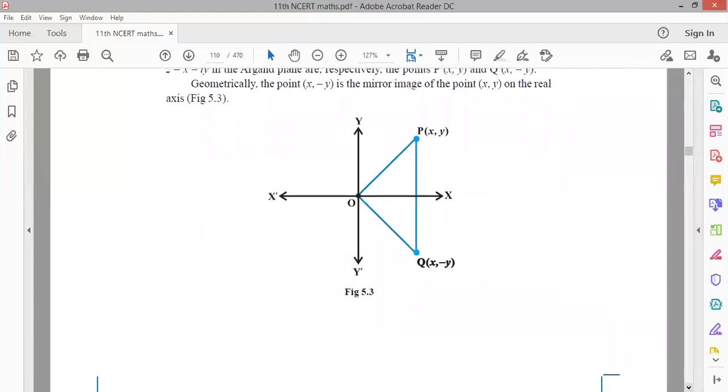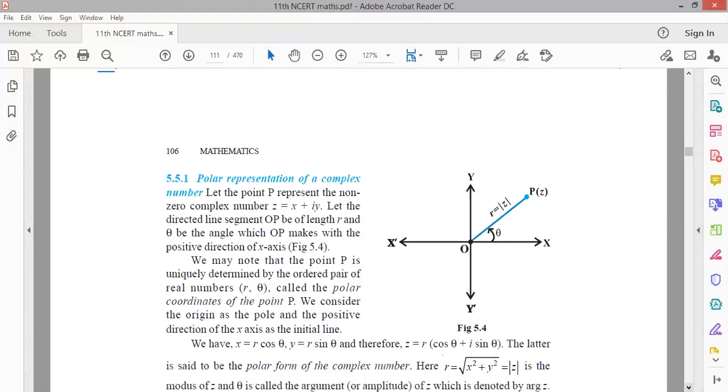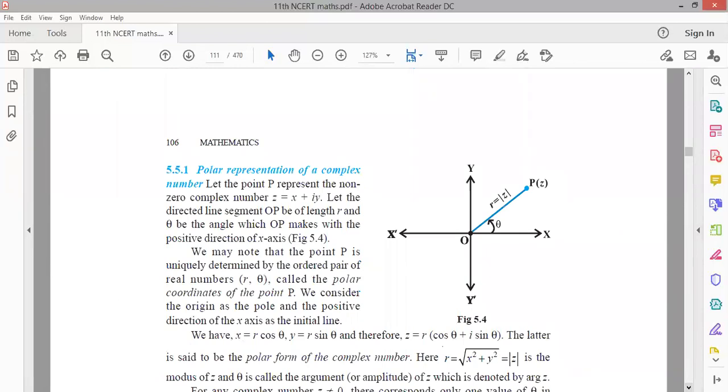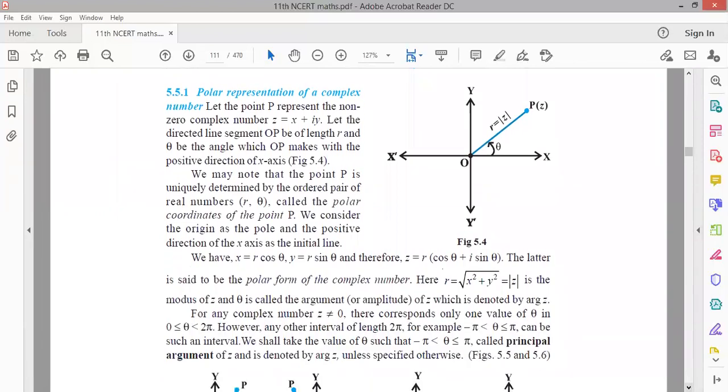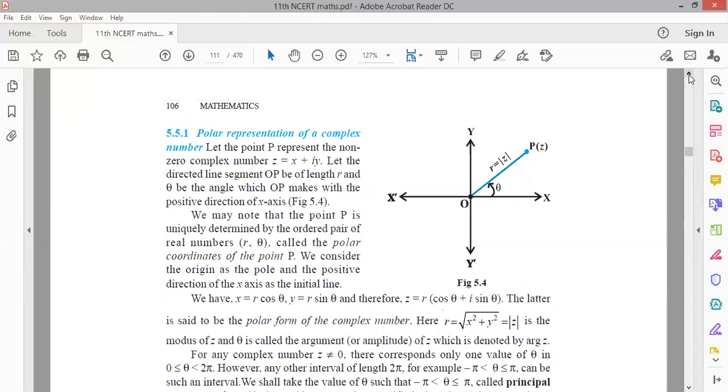Now we will be representing the complex number in the polar representation. So we will be discussing the polar representation of a complex number. For that, we have to discuss two things. One is the modulus of a complex number, defined earlier, and next is the argument, the principal argument of the complex number. You see this triangle displayed earlier.